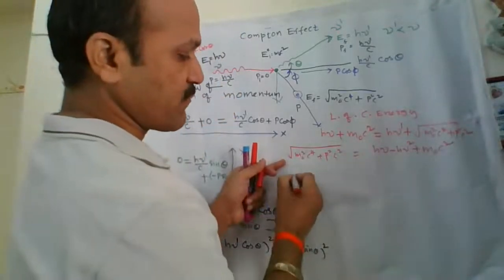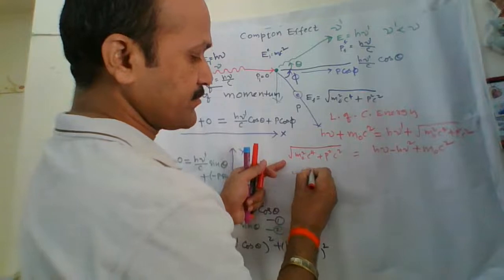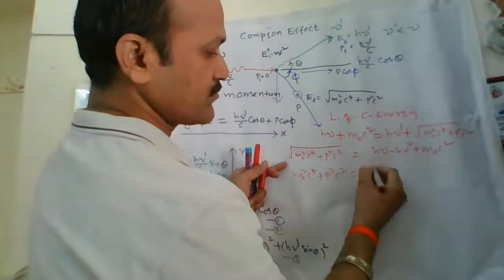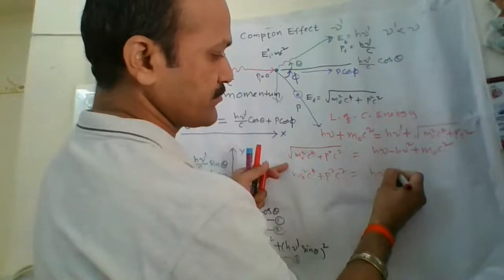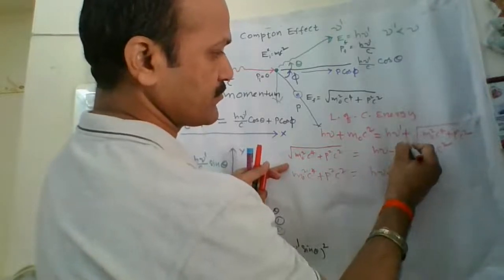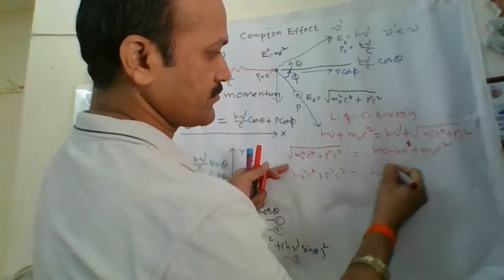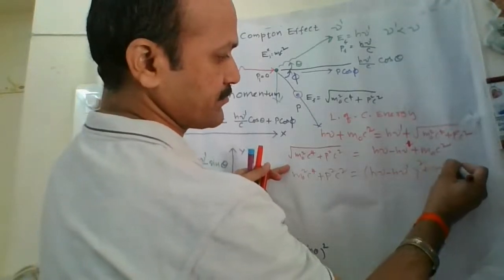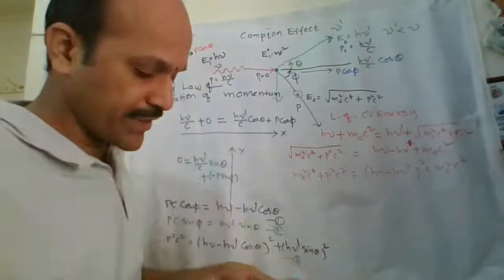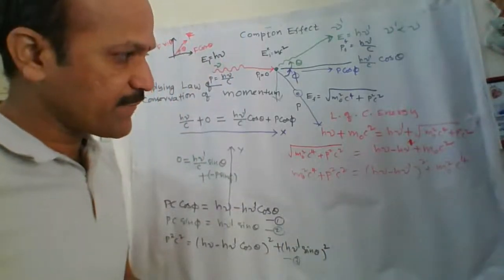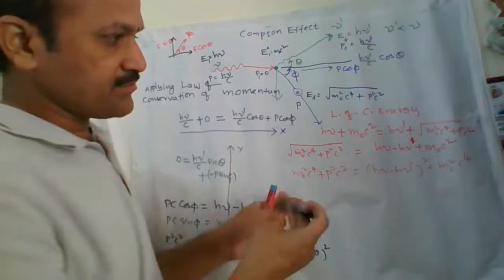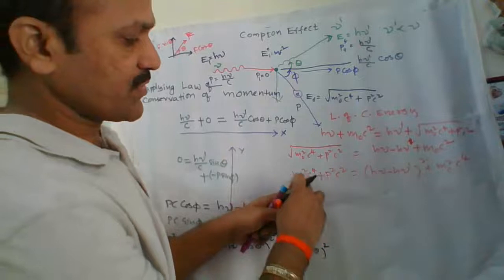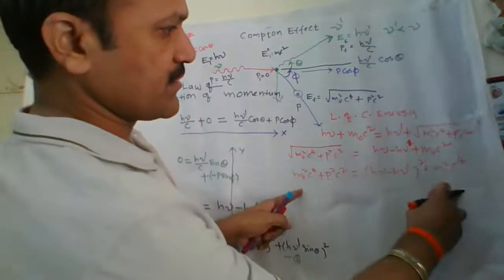Let us square. Okay, so after squaring, we can cancel.